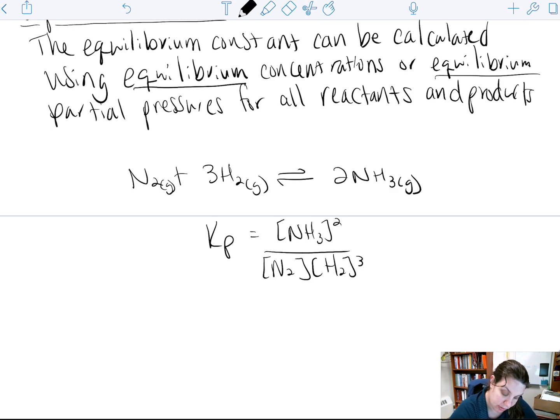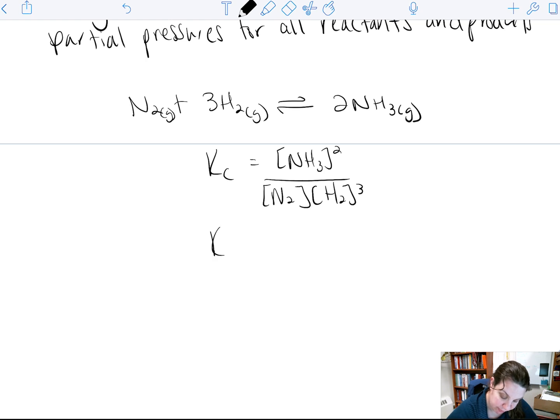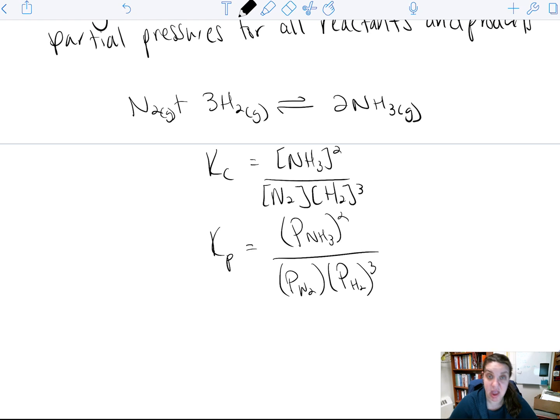Oh, excuse me, I did that all wrong. This would be Kc. Or we can write it in terms of Kp with our partial pressures. So if we have all of our equilibrium concentrations or equilibrium partial pressures, we can determine Kc by just placing these in, and then Kc or Kp will be unitless.